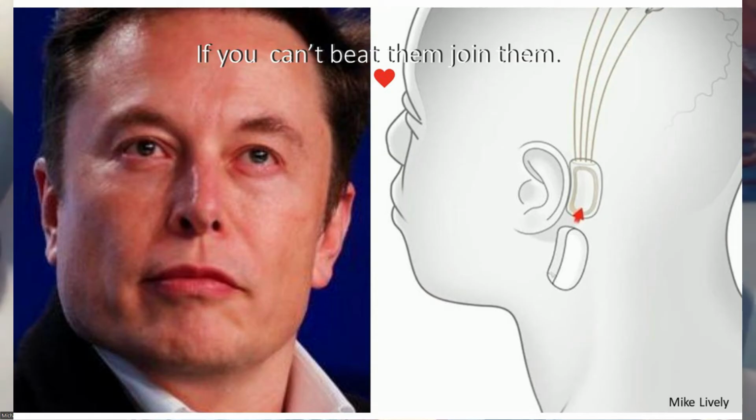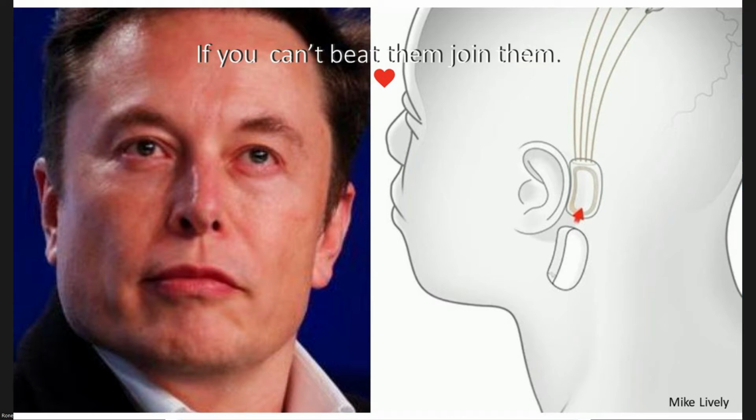Oh, so Elon Musk comes along, and he has created a neuron sewing machine. Anybody know what that's called? If you're familiar with Elon, what neuro sewing machine has he made? What company does he have that does that work? Anybody know? Is it Neuralink?